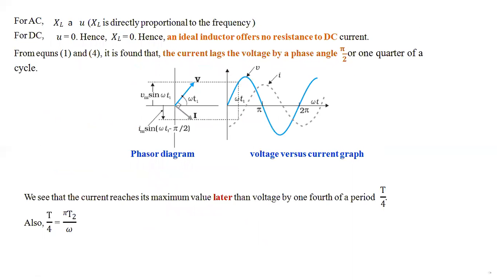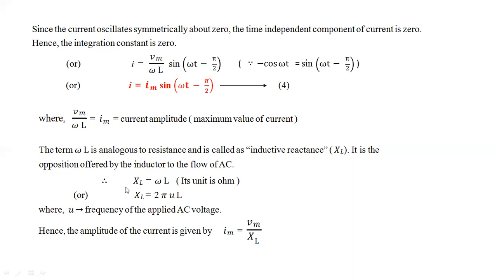Now for an AC circuit, XL is directly proportional to frequency, since XL is equal to 2 pi mu L. So if the frequency increases, the value of inductive reactance increases.